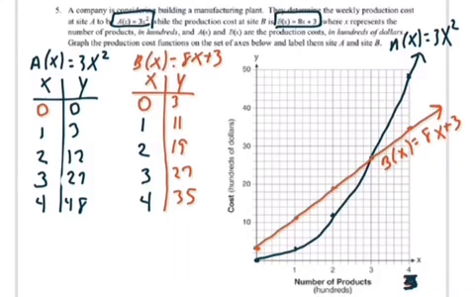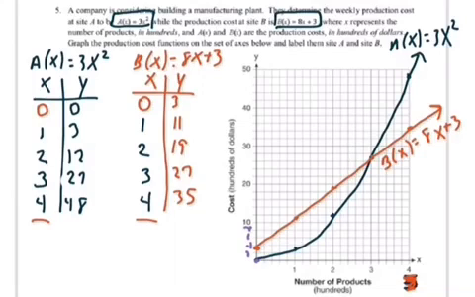Now that you have both graphs drawn, there's a few things I need for you to notice. Once you fill in your table, you know that your table should be stopping at 4 because that is the largest value on your x-axis. They did label the scale for you, but you do need to be aware that if this is 0 and this is 10, each box is going to be 2. 2, 4, 6, 8, 10.